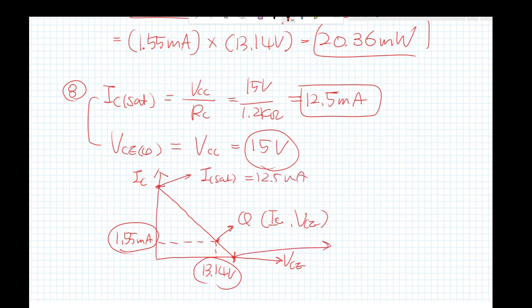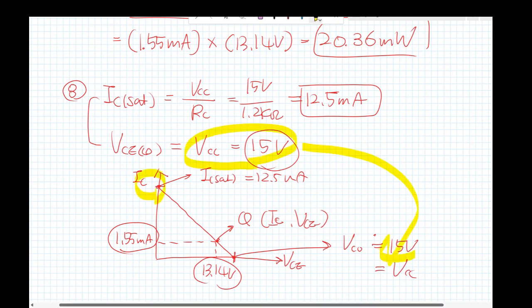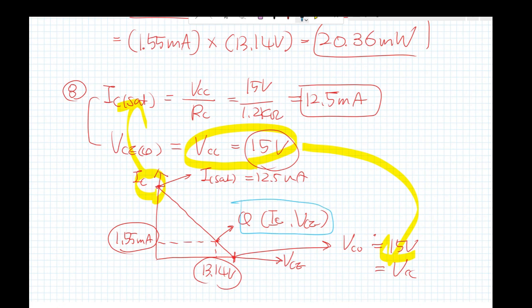And that was V sub CE cutoff, right? But that part is what? 15 volt. Why? Because that is the V sub CC. Okay, because like this one here. We have already calculated before. All right.